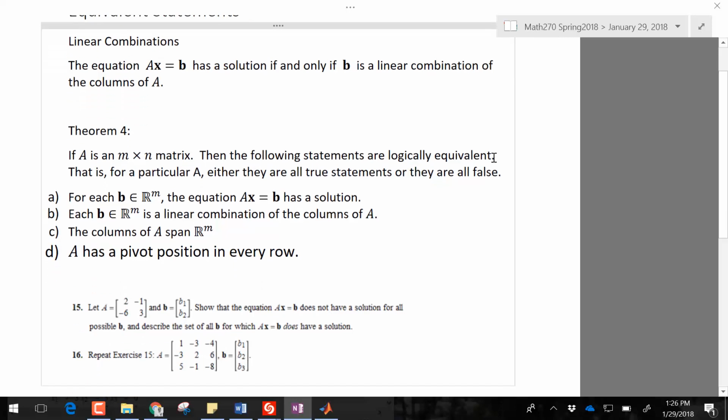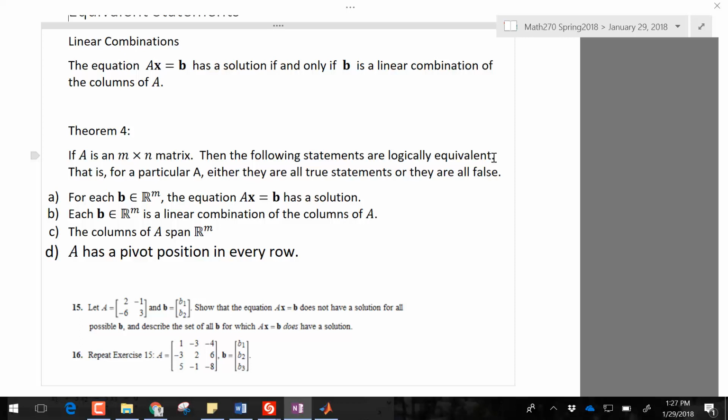Next is a theorem that kind of says what we've been saying all along. We're translating the equation Ax equals b as an inspection of linear combinations of a set of vectors.